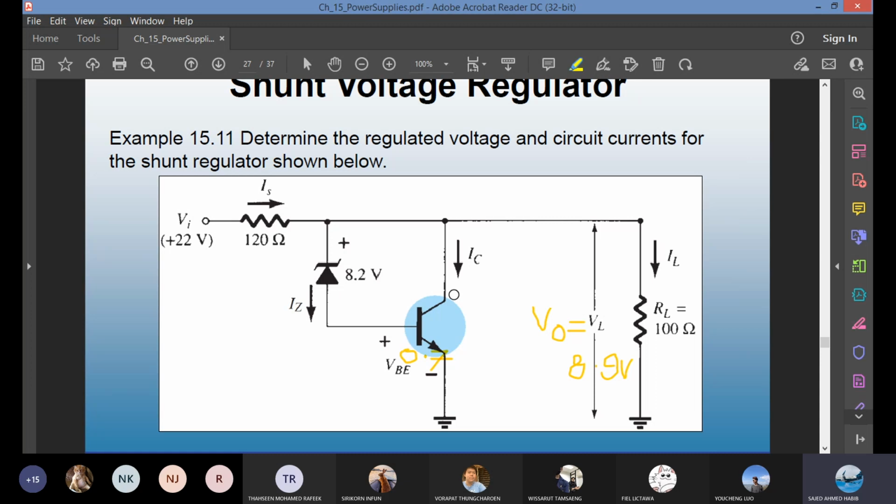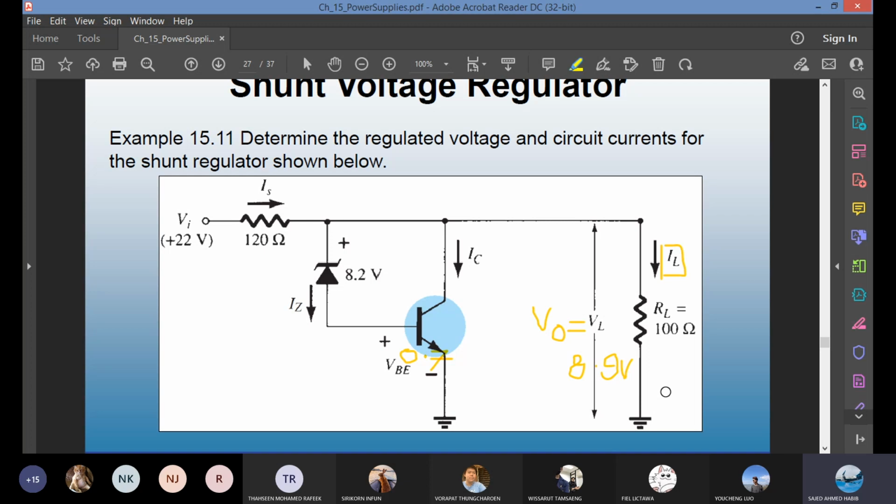Can we find the load current? The load current IL, how much will that be? Using Ohm's law, VL over RL. So 8.9 volts, we will divide by 100 ohm. If you divide by 10, it's 0.89 ampere, right?